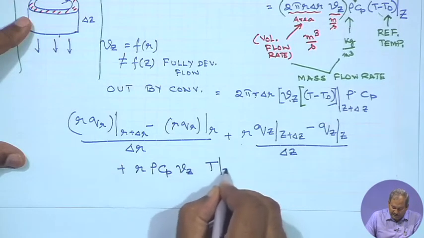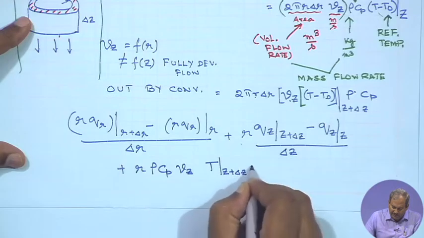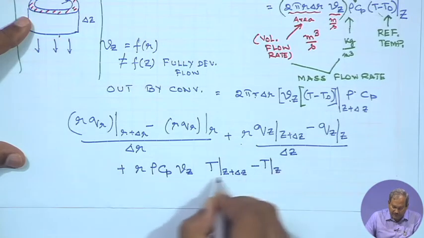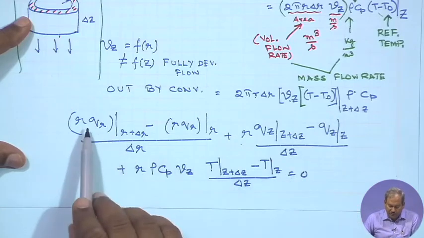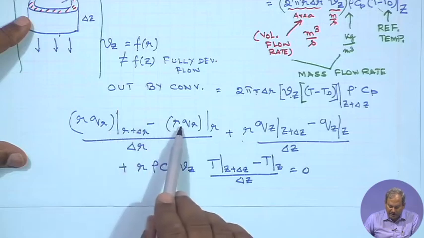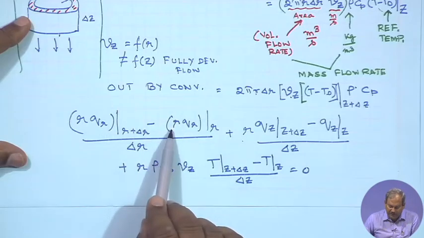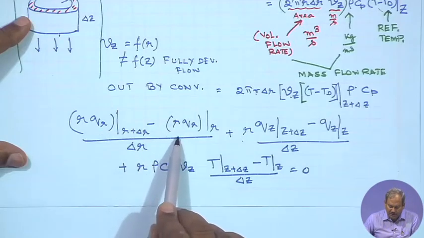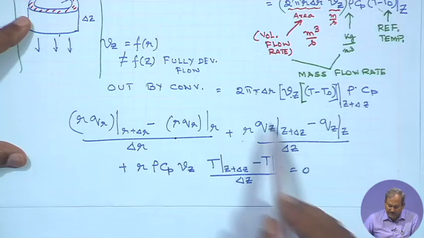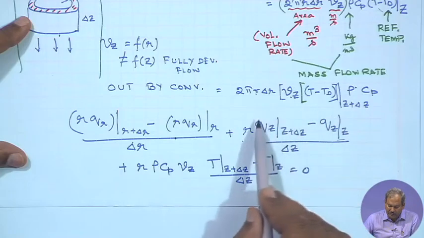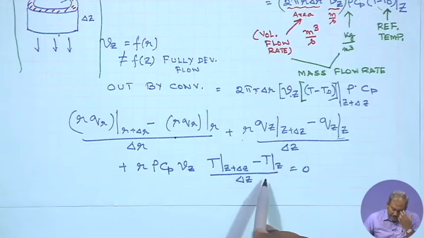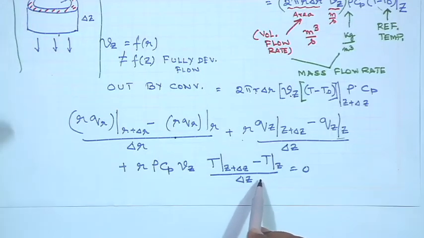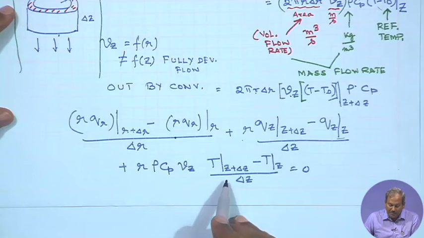This is T at z plus delta z minus T at z divided by delta z, equal to 0. So, this part is the net addition of heat by conduction in the z direction, and this is the amount of convective heat flow into this control volume by convection.